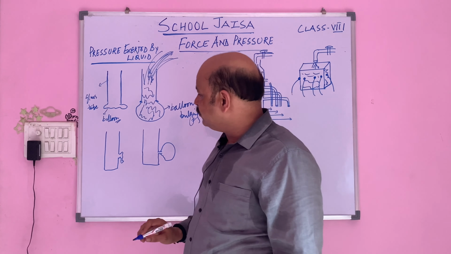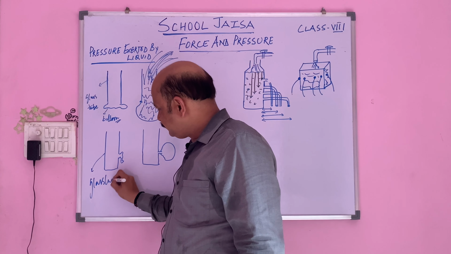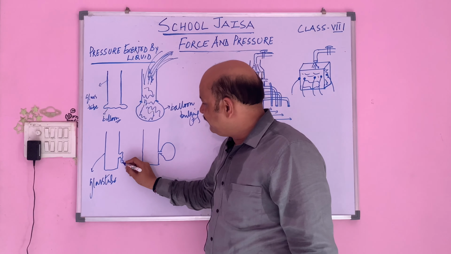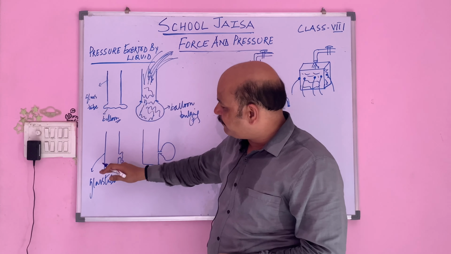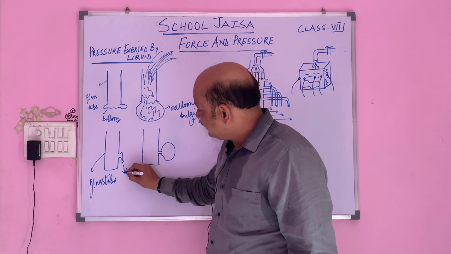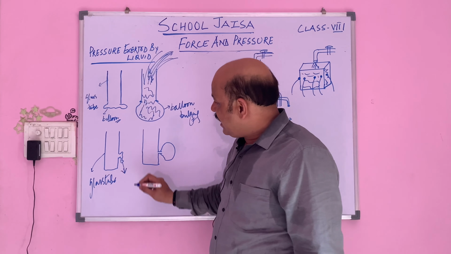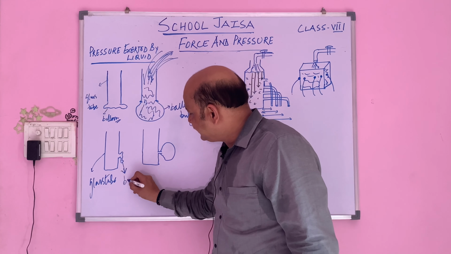Now what we are going to do, again we are going to take a glass tube, which is open at the top but the base is closed, but it has a tap opening, that is, an opening on the side, and on that opening on the side, we tie a balloon.